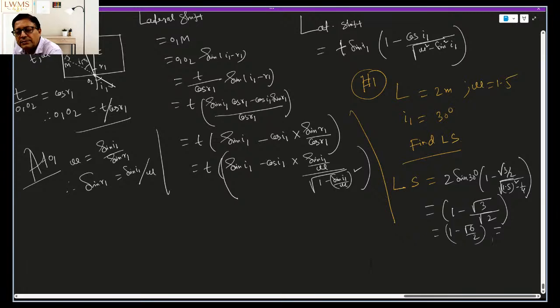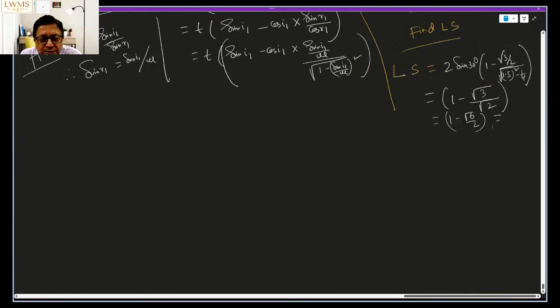Understand? T sin i... clear? Yes, sir. So lateral shift can be determined just by using this formula.